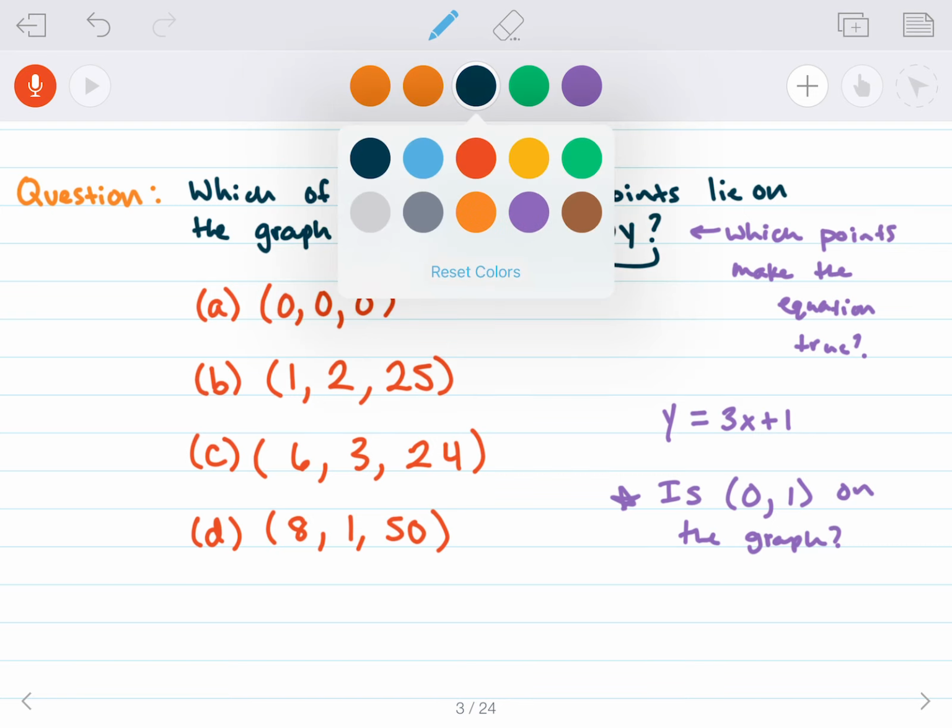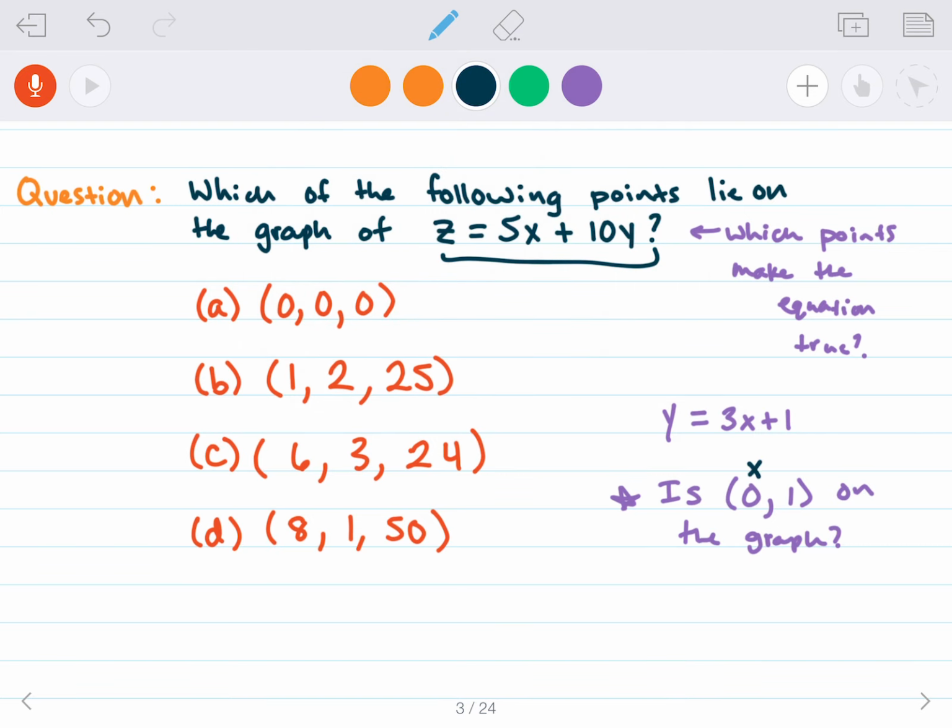You would plug in your corresponding x and y values into this function and see if you get a true equation. So you would say, oops, sorry guys, 1 is equal to 3 times 0 plus 1, is that a true equation? On the right, I evaluate to get 1, and that is true, so yes, it is on the graph. If you get a false equation, such as 2 equals 10 or whatever, it's not on the graph, okay? Hope you guys get the picture there.